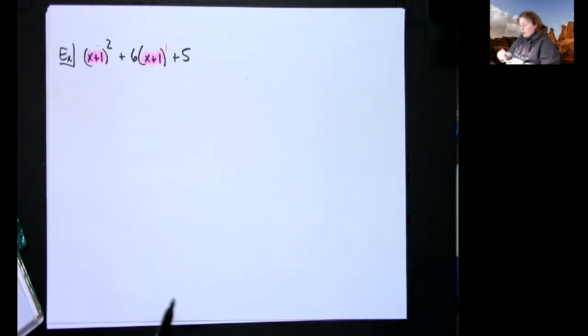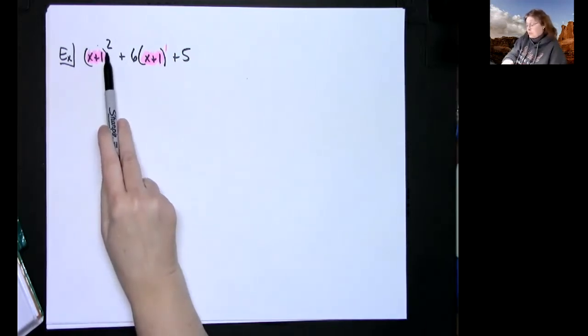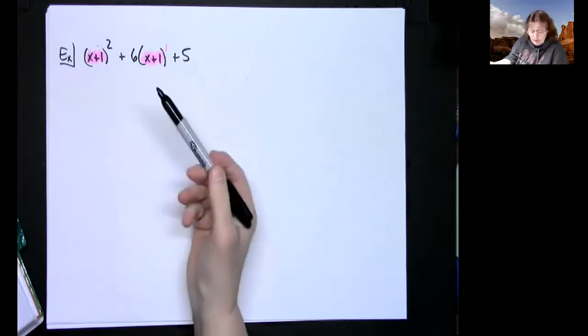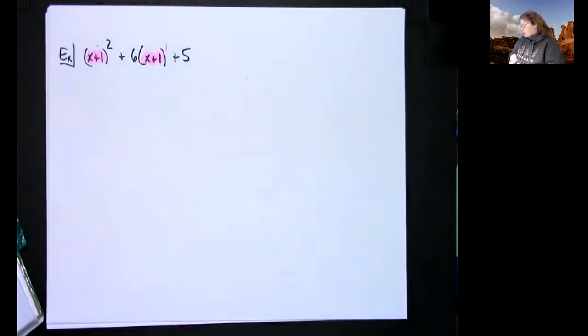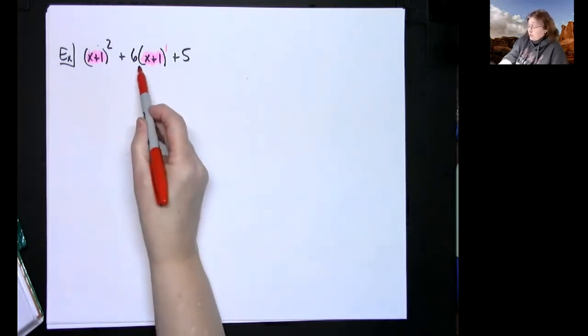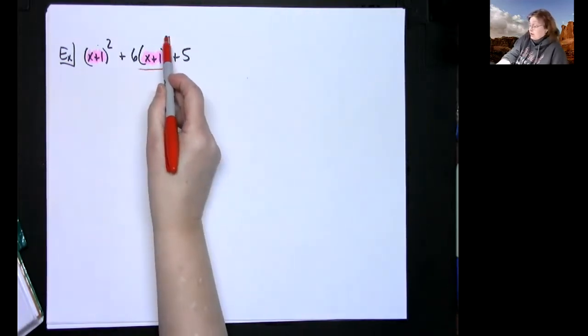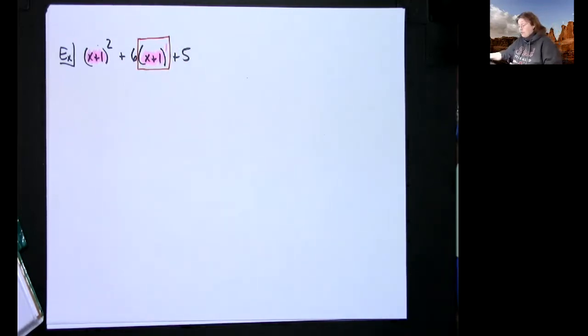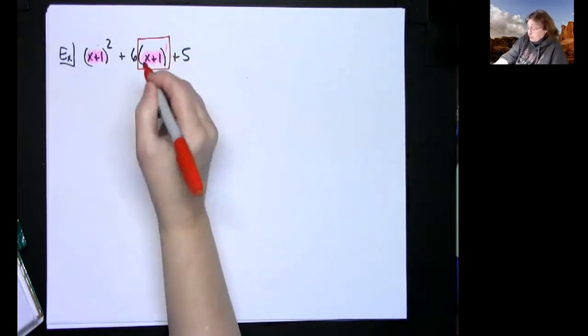I am in quadratic form because this exponent is 2 and this exponent is 1, so it's half. So I want to start with letting my u be whatever the variable and exponent is on that middle term.